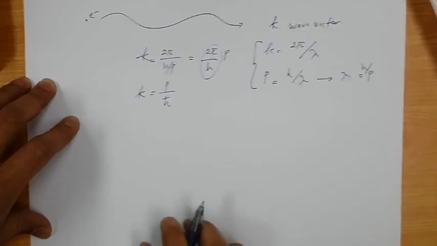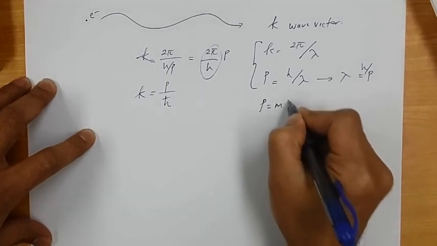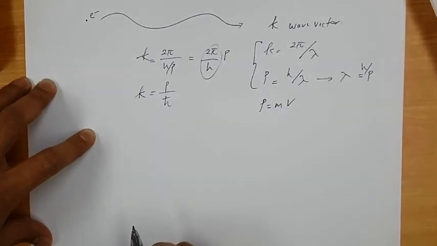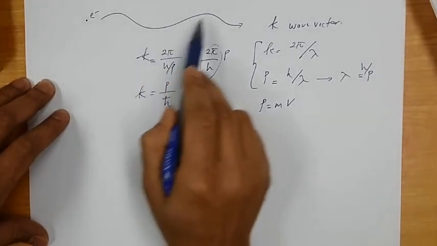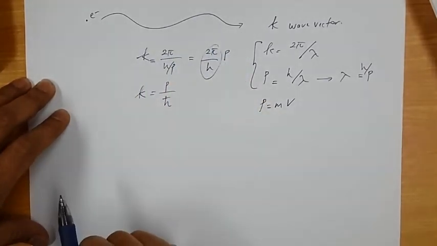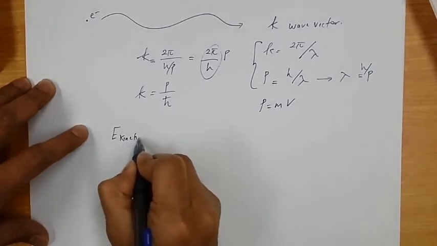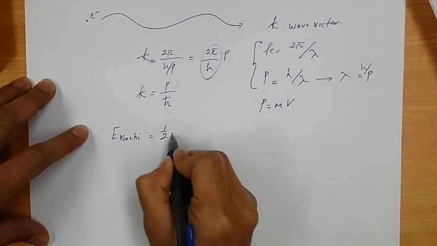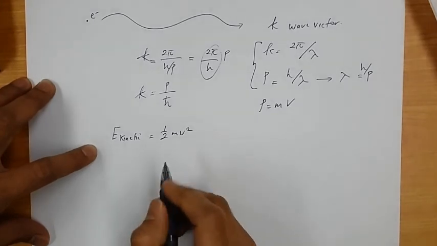We also know that momentum is mass times velocity. So the kinetic energy of a moving electron can be described as half mv², where v is the velocity and m is the mass of the electron.